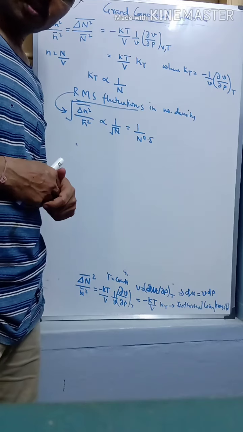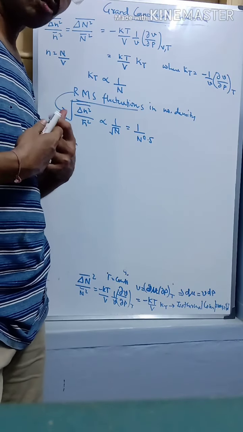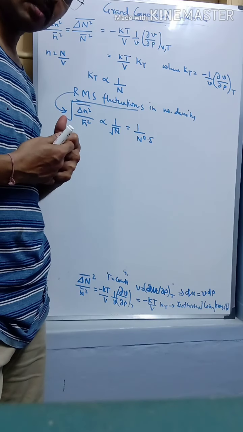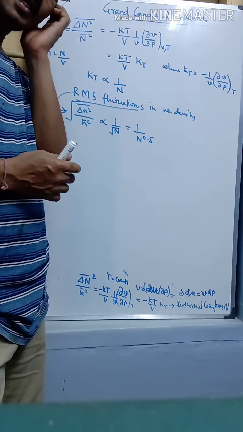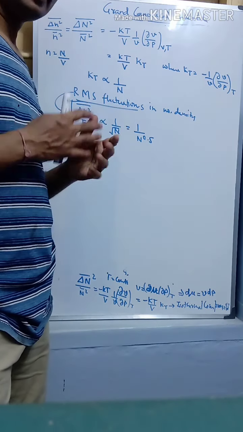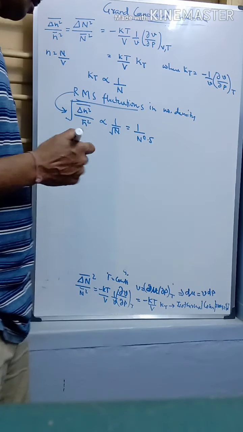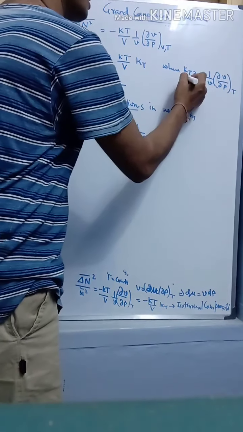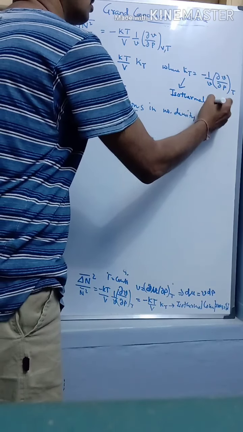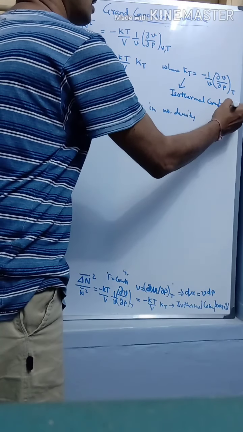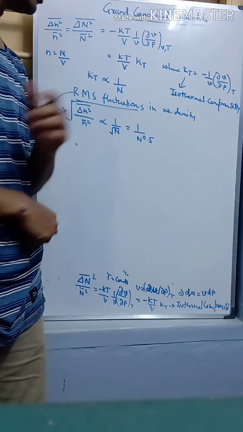But there are exceptions for this particular relation, and those exceptions are in the case of phase transitions, where the flattening of the isotherms occurs, and there the isothermal compressibility does not obey this kind of simple relation because of the flattening of the curves, the flattening of the isotherms.